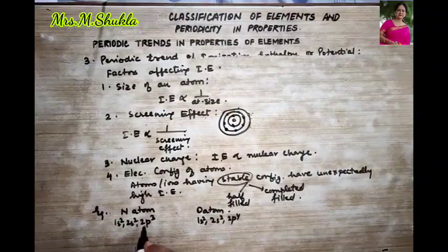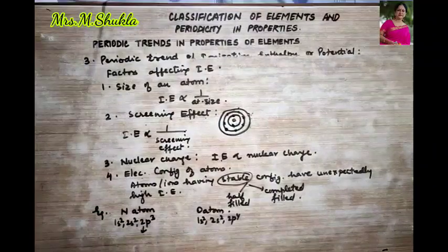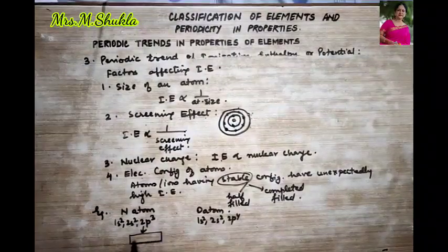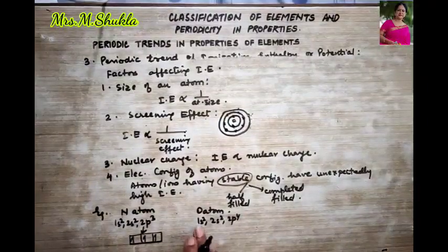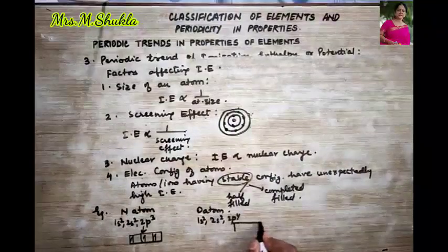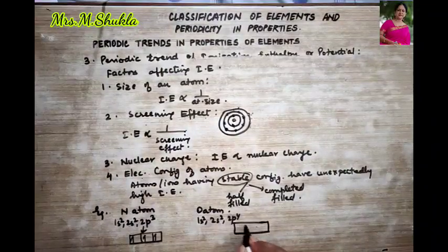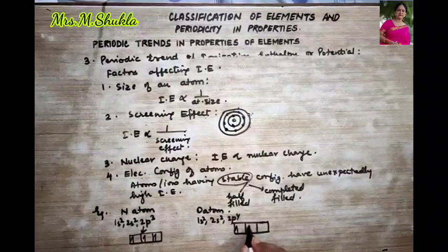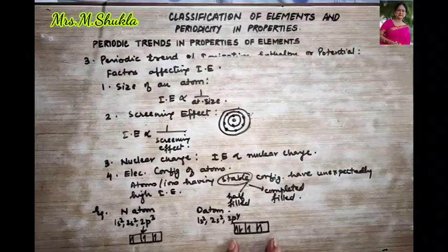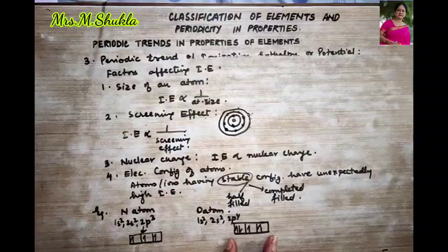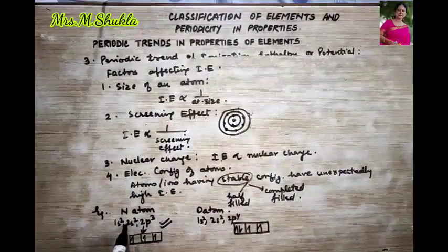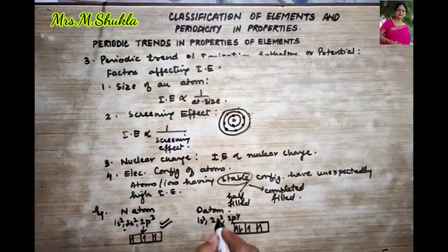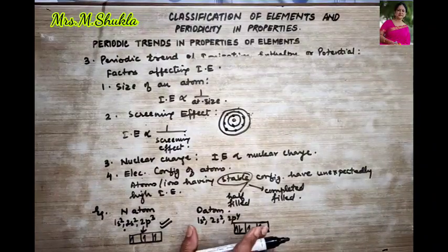Is that clear? Why? If you check this 2p, it has 3 electrons, 1, 2, 3. This is half filled. Whereas if you look at 2p4 over here, then it is 1, 2, 3 and 4. It is neither half filled nor completely filled. So ionization enthalpy of nitrogen will be always higher than that of oxygen atom.